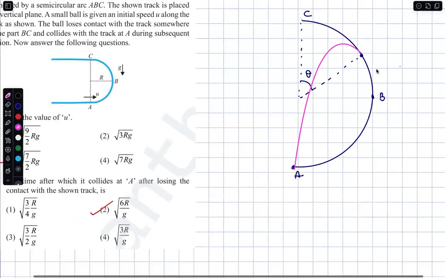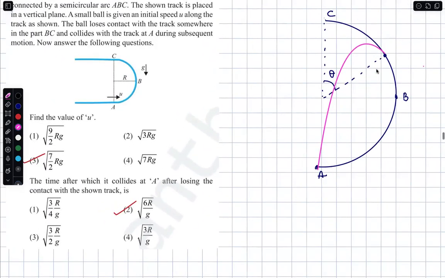For this purpose, we need to do different things. First, find the theta value. How do I know theta value? Very simple. Let this be point P. At point P, this is all a projectile. For this projectile, the range, the total horizontal distance traveled, is this line, R sine theta.